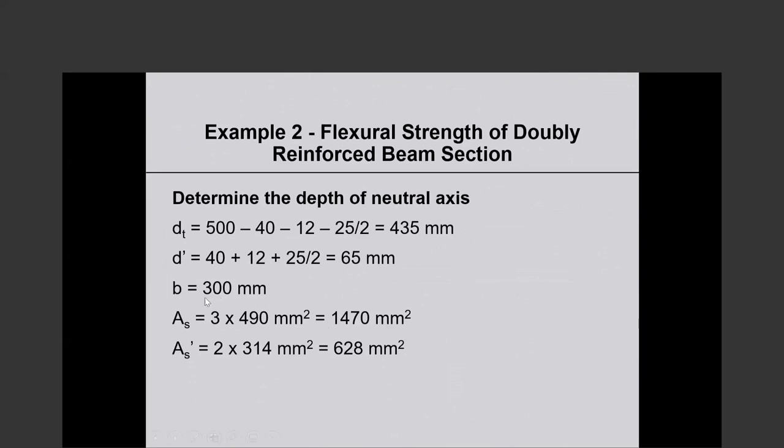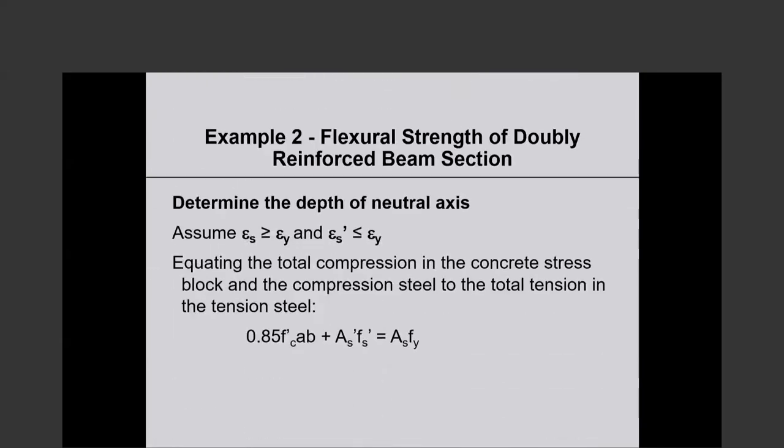So the width is 300 millimeters. So the total tension reinforcement, 3 number 25 bars, total area is 1470 square millimeters. And the total area of the compression reinforcement, 2 number 20 millimeter diameter bars, is 628 square millimeters. Okay, A sub S prime.